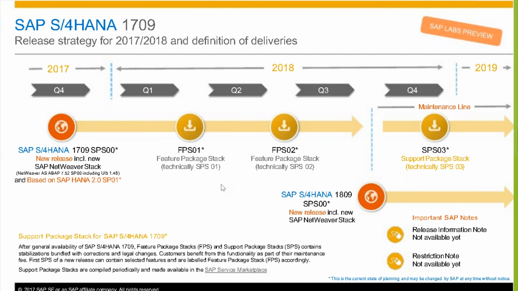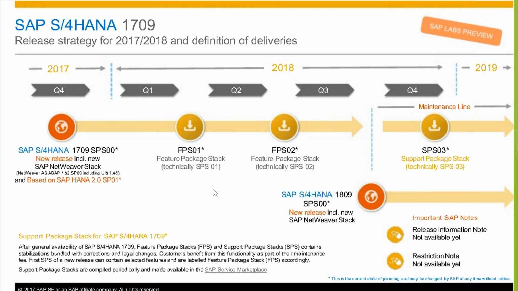Maybe other parameters change. For example, from the central finance point of view, previously we had a restriction to transfer a few data. Now we have an option to transfer my COPA or my commitment items. And previously I didn't have a Fiori application to access my asset related reports.